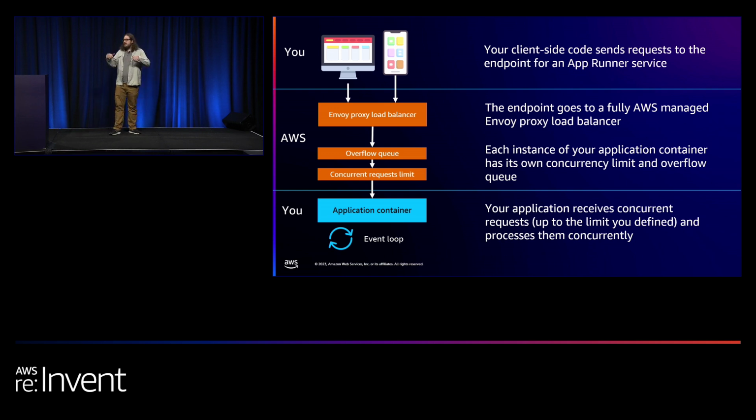App Runner builds that inside of the service, and the Envoy proxy load balancer is sitting there alongside instances of your application container, forming a mesh of sorts where every Envoy proxy is keeping track of how many requests it's serving, and has an overflow queue where it can spill traffic over to the next instance of your application once it starts to reach a limit that you specify.